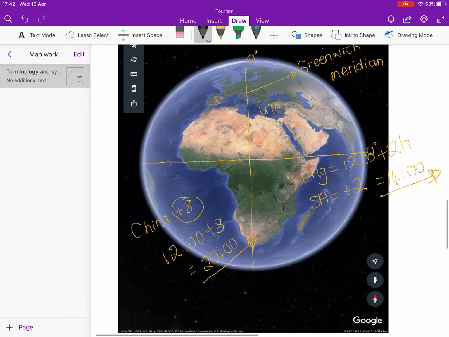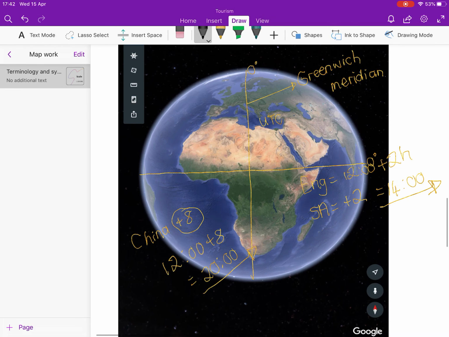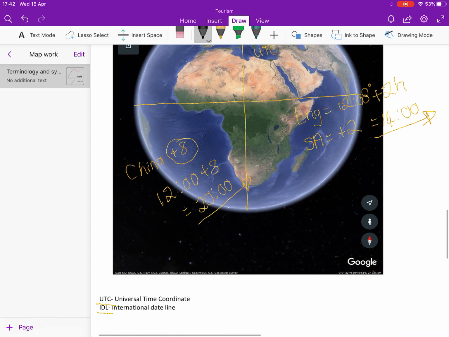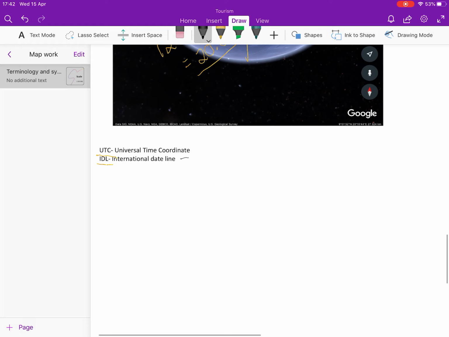It's an imaginary line that can be found on the face of the earth, at 180 degrees. So here's our imaginary international date line.